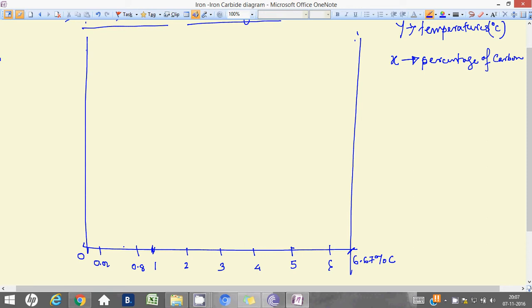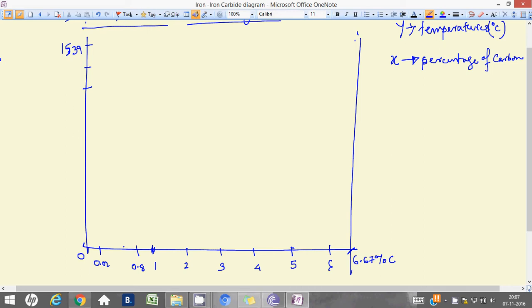So let us mark this point as 1539 degrees, and let us suppose this is 1393.